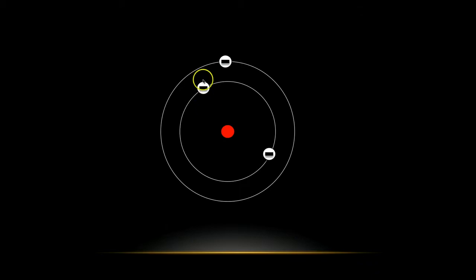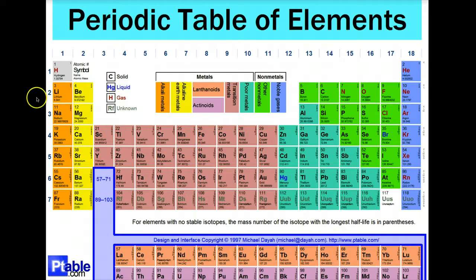So lithium has 3 electrons, 2 in the first shell. Now we've added another shell, and in that shell it has 1 electron. And if we look back at the periodic table, we can see now this is in period 2, representing 2 electron shells.